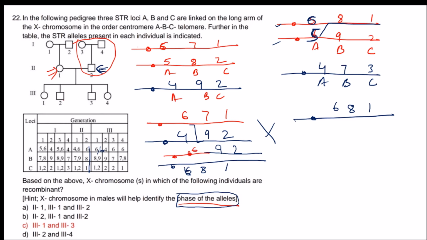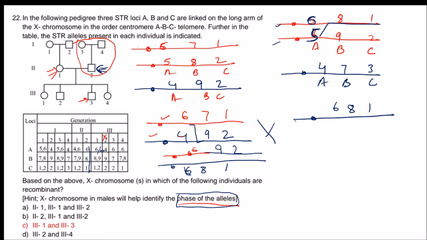Okay, now coming to the next one, number 2. In number 2, what is it having? 4, 9, 2. Definitely here you can see 4, 9, 2. The same sequence is there. It means no crossing over is here, or no recombination is here. Now coming to number 3, which is the male. So either this chromosome or this chromosome should be in the male, but if you see here, again 6, 7 and 2.